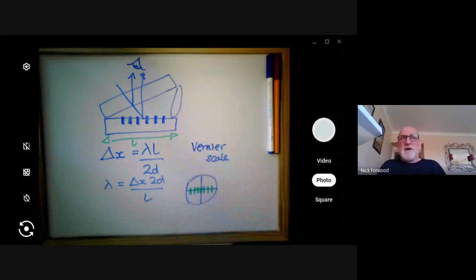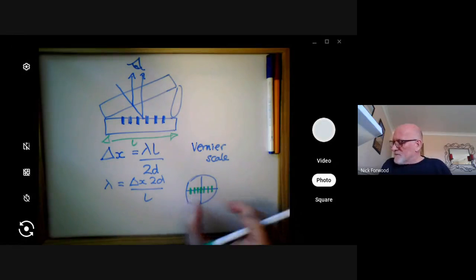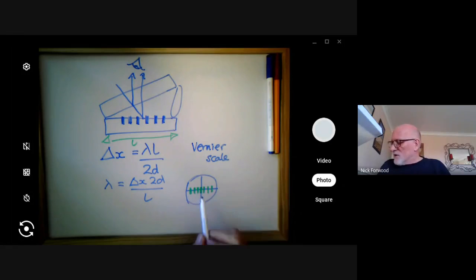It's a very, very accurate ruler measuring system, and you can position the crosshairs onto one of these fringes, and then you can take a measurement off the scale, and then you move the eyepiece, the microscope bit, either to the left or right, and you go along a number of fringes.